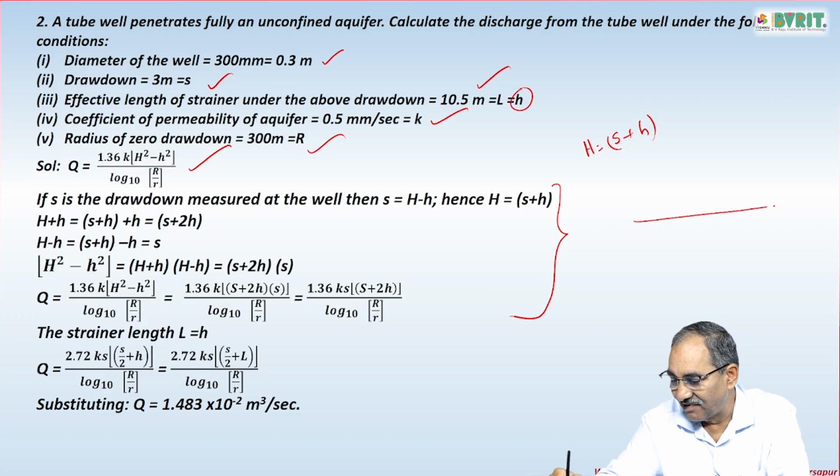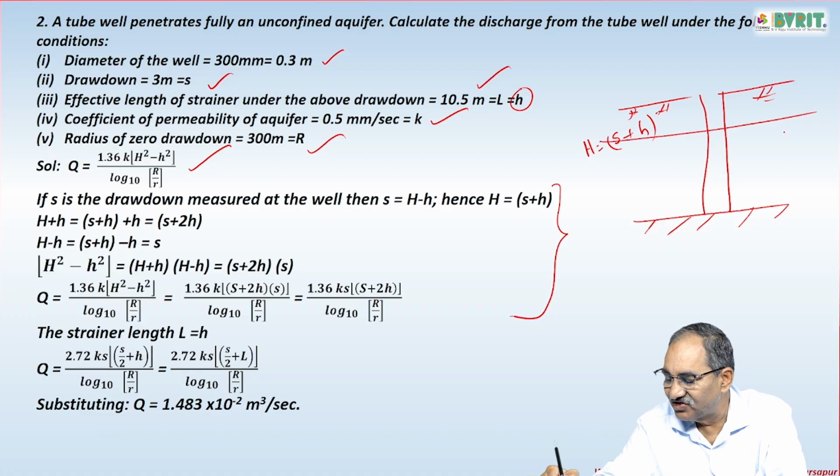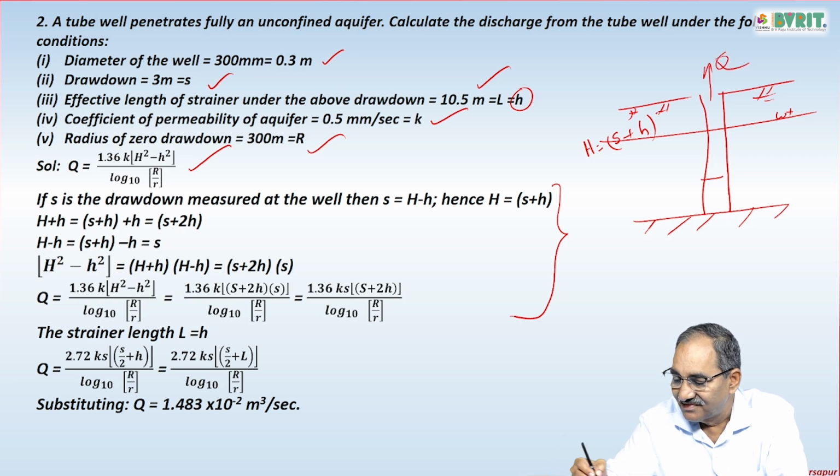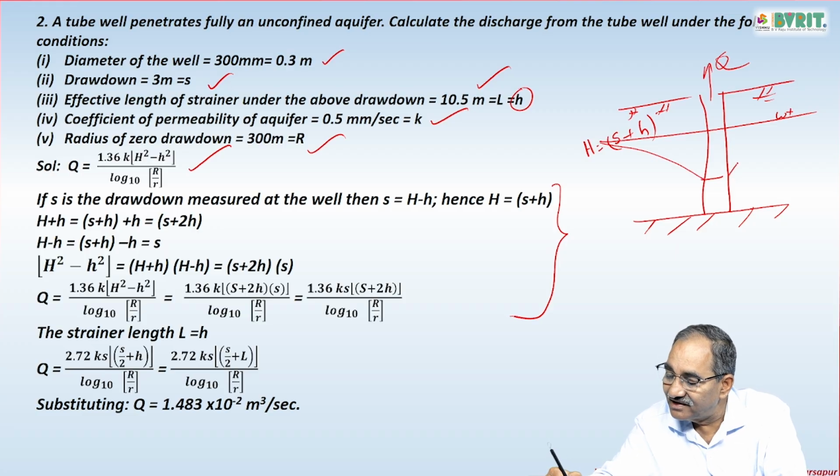Because if you remember, this is the impervious portion. This is the well. This is the ground level, and this is the initial water table, and now pumping has started. Then naturally this will go down like this, and this also will go down like this.